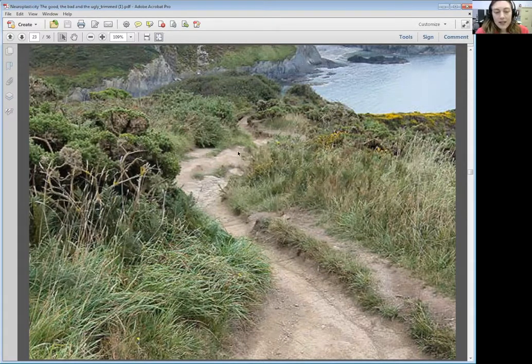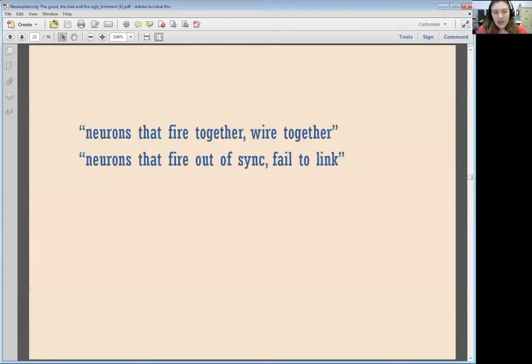When messages are sent up the brain in particular ways, particular neurons are fired off. And there's a saying that neurons that fire together wire together. And this is part of how neuroplasticity starts to occur.